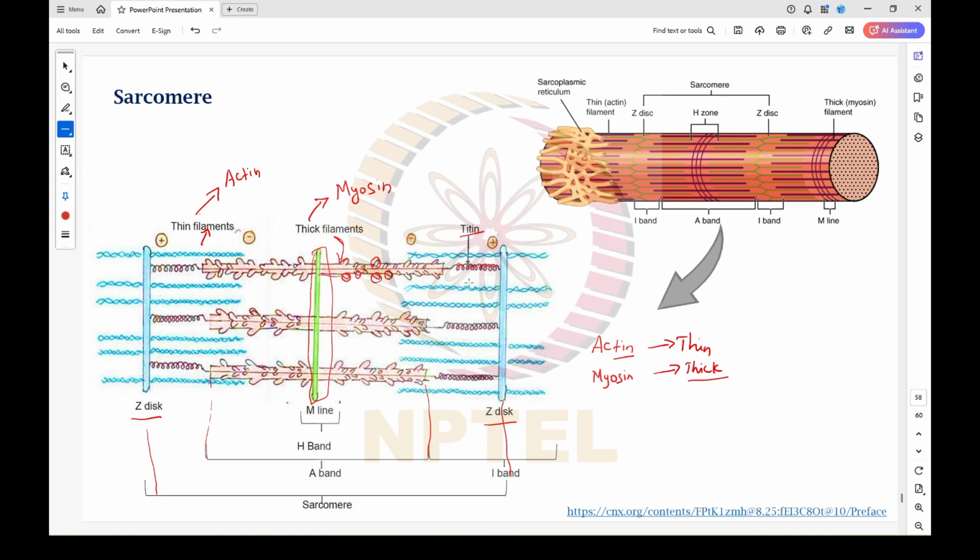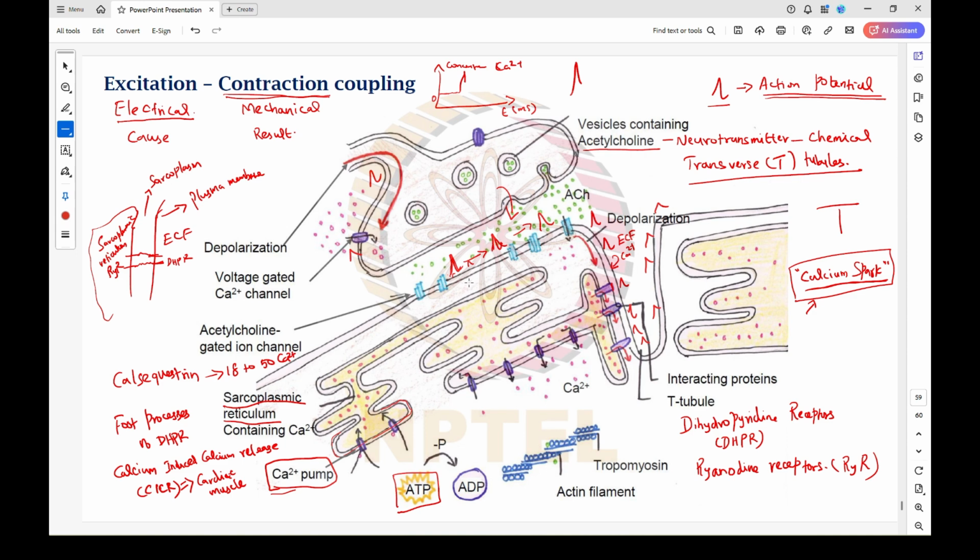The spinal cord then transmits the information to a neuromuscular junction near this particular muscle. This process is called excitation contraction coupling. The excitation comes from the electrical signal that is transmitted to the neuromuscular junction, and which is further transmitted to the muscle cell.